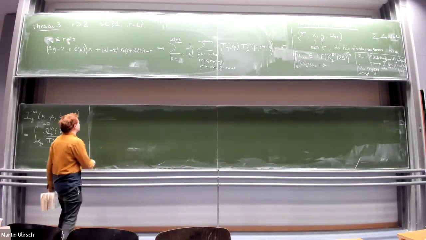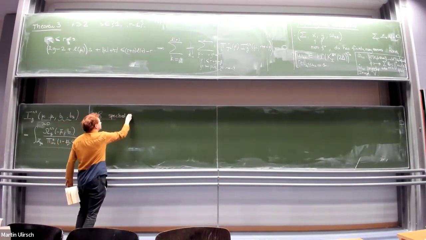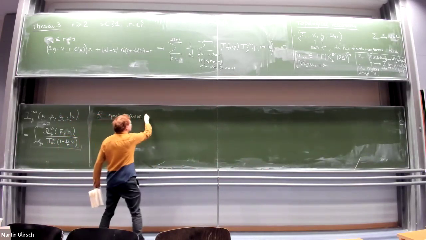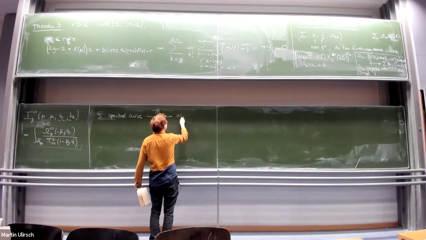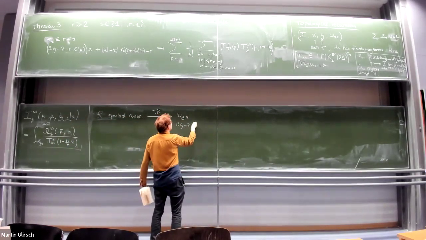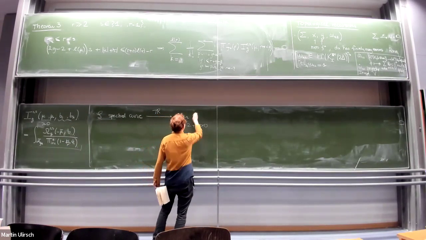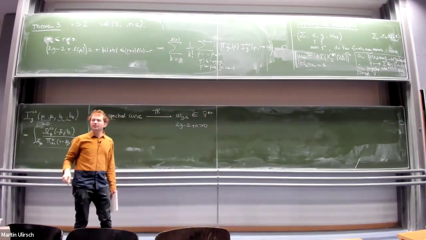We start from a spectral curve S. The topological recursion is going to produce for you omega g,n whenever 2g minus 2 plus n is positive, which is an element of V tilde tensor n.